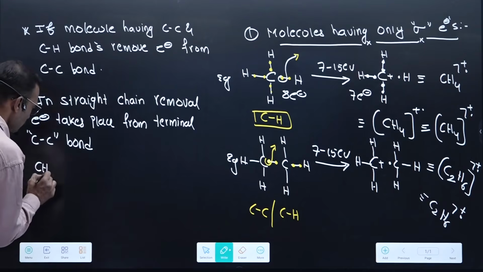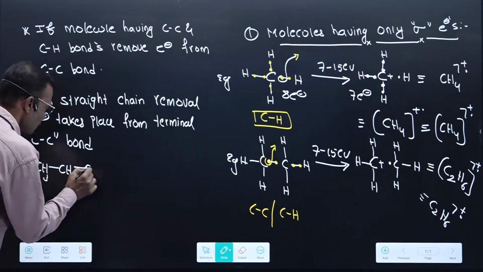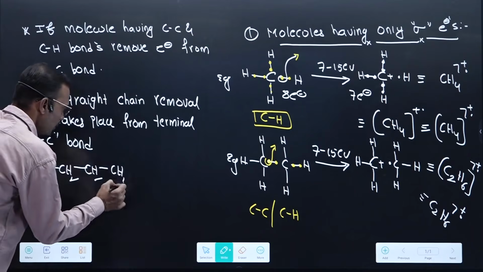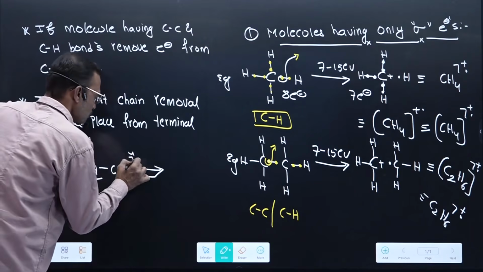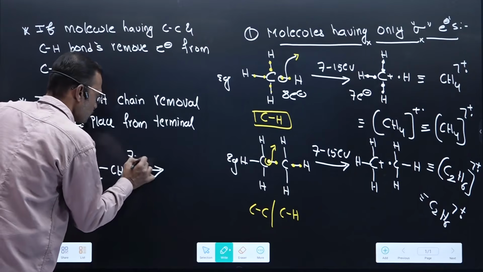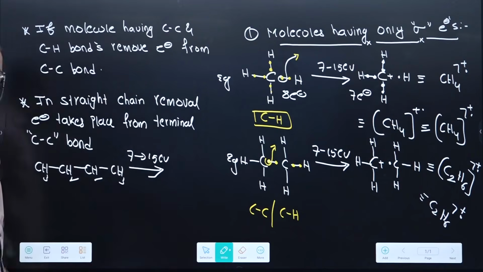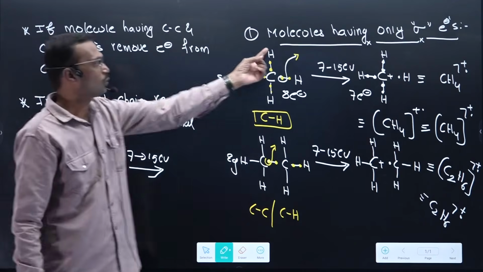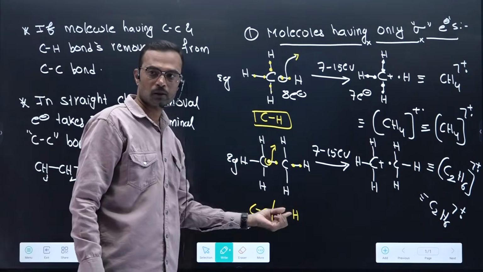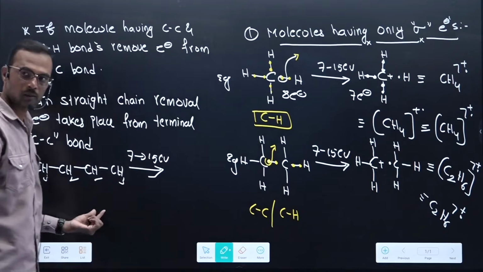Suppose this is CH3, and here CH2, CH2, and here one more CH3 I am writing now. So 7 to 15 electron volts electronic impact. What happens? See here, how many different sigma bonds are present? Here only one type; here two, carbon-carbon and carbon-hydrogen.